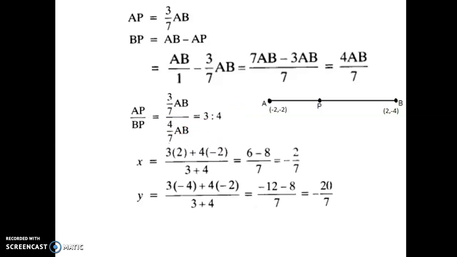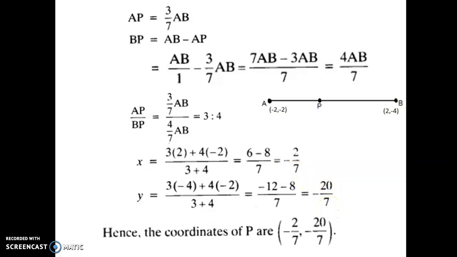Then find out the coordinates of P. In the section formula, we know the ratio, we know the coordinates of A and B also. So use the section formula to find the coordinates of P. After substituting, you will get -2 by 7 for x and -20 by 7 for y. So the required coordinates of P are (-2/7, -20/7).